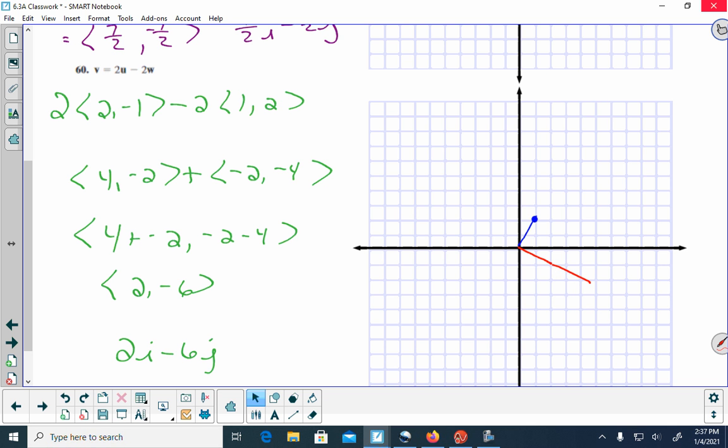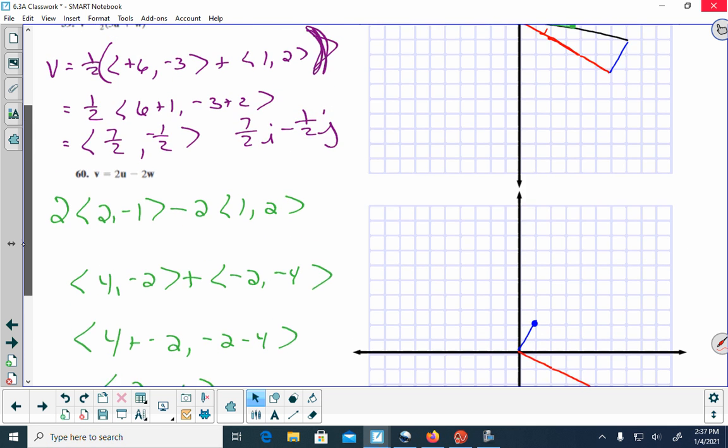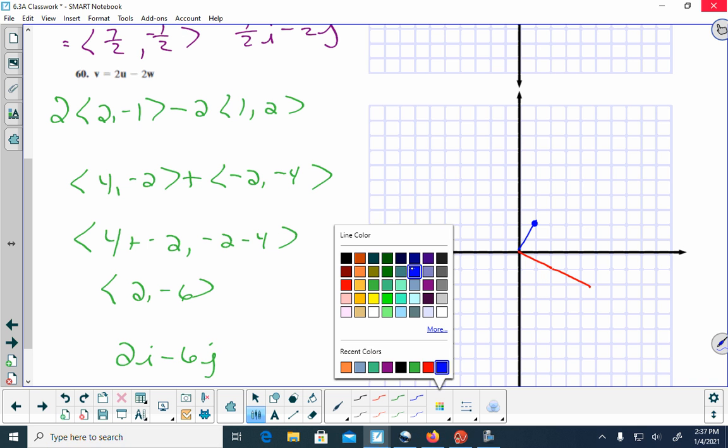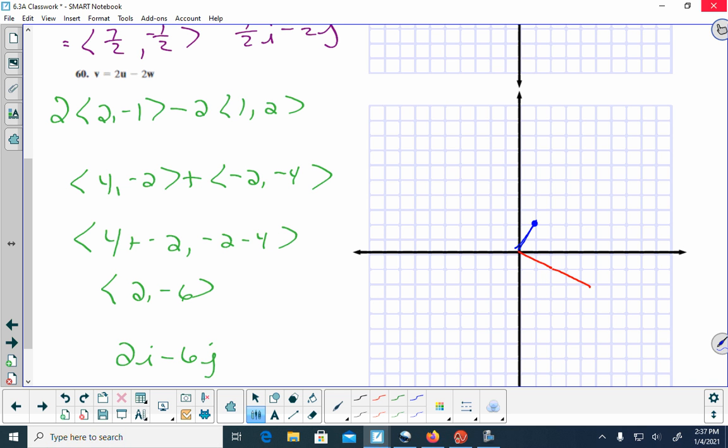And then it wants minus 2W. So this is W right now. The negative would put it down here, in the opposite direction. And 2 means make those go twice. So that's that. Now I'm going to take this whole negative 2W, and add it to my 2U.